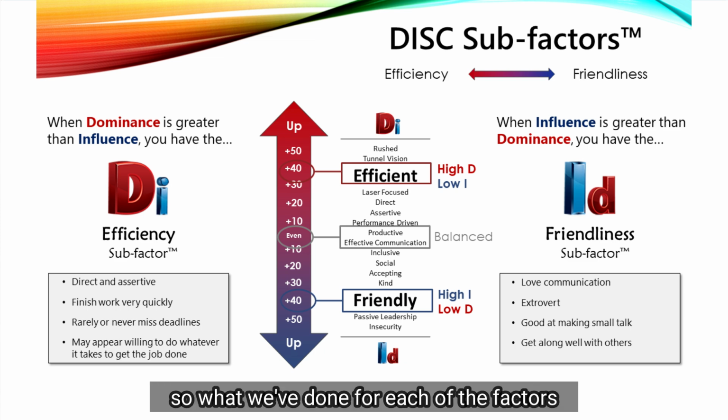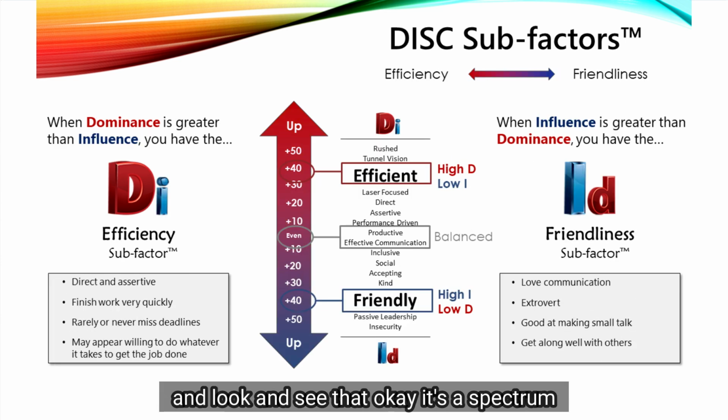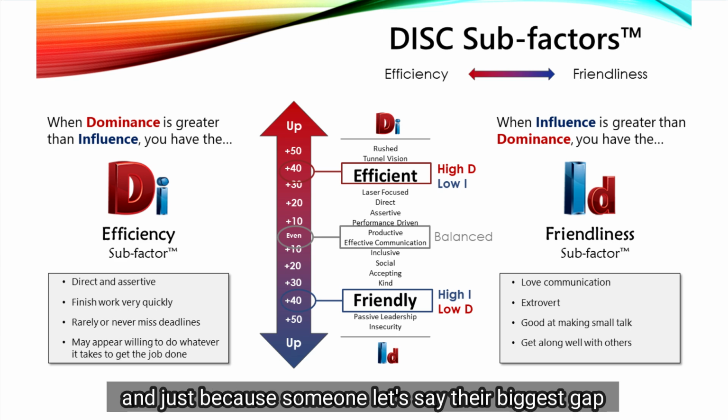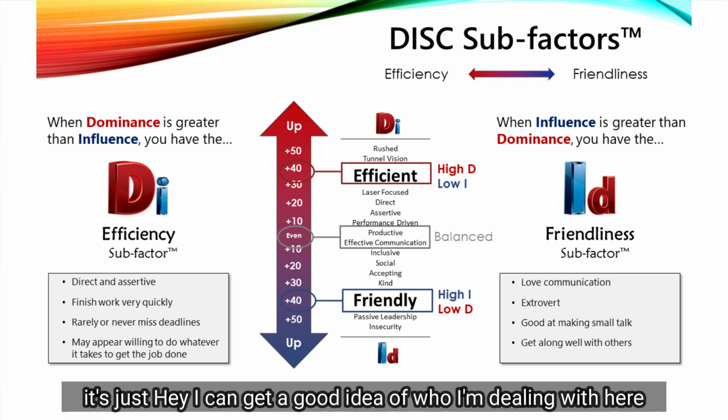So what we've done for each of the factors in the PowerPoint that you'll have is you'll be able to go in and look and see that, okay, it's a spectrum. And just because someone, let's say their biggest gap is 15 points between dominance and influence, it doesn't mean that they're always going to be efficient and never friendly. It's just, hey, I can get a good idea of who I'm dealing with here.